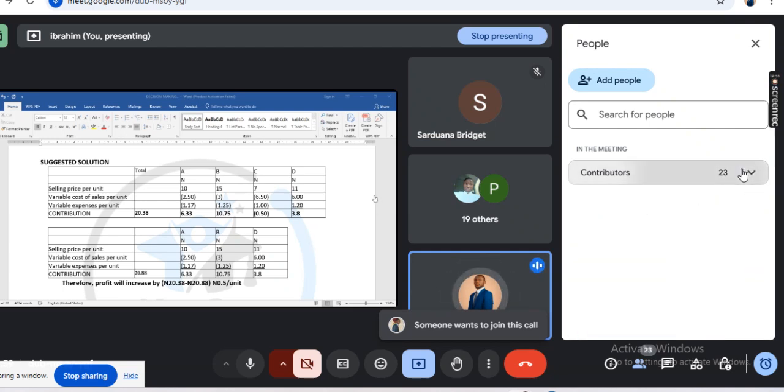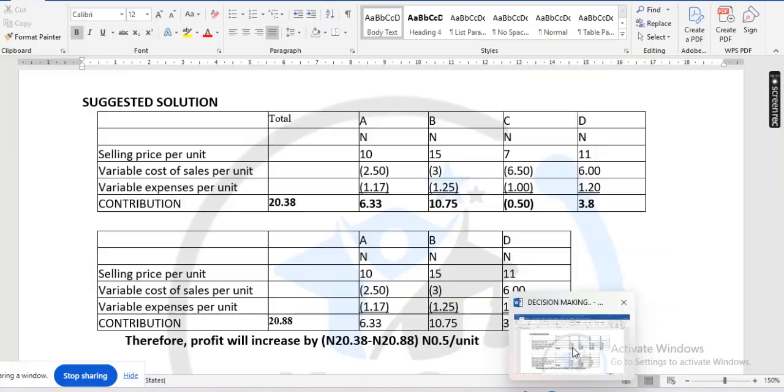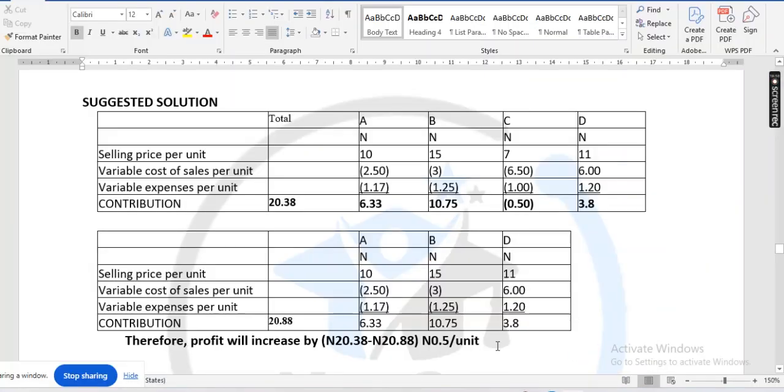Product C. Now, class, you need to go back and check the total profit.